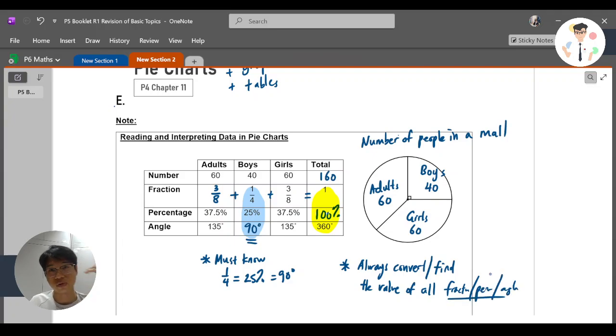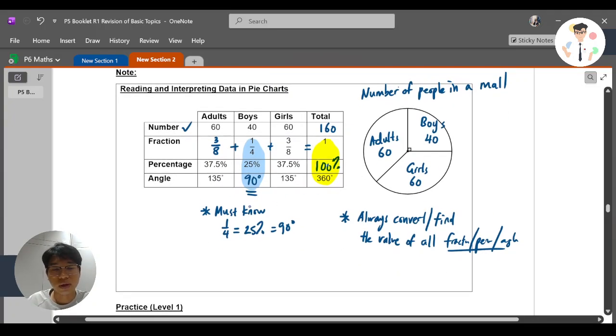Because if you are able to find all of them as fractions, then you are able to find the real value or the real number easier. And when you do the question, you will understand what I'm trying to say. Because they give you fraction, percentage, and angle, it's only if you convert all to become fraction, then it's easy for you to find the answer. Or all to become percentage, or all to become angle.